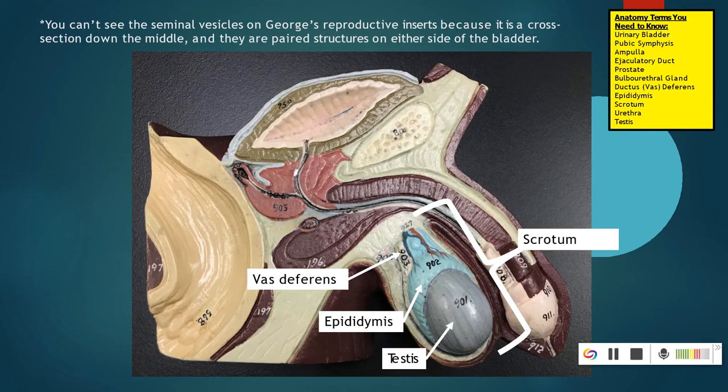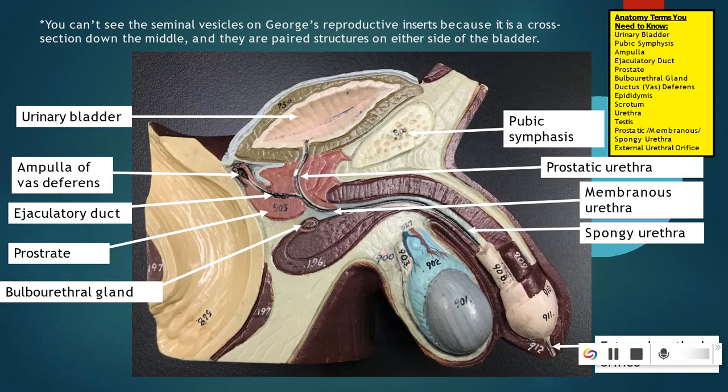Here you can see the scrotum once again, the testes, the epididymis surrounding the testes, and the vas deferens. You can see the urinary bladder, the ampulla, vas deferens, the ejaculatory duct, the prostate in the back, the bulbourethral gland, the pubic symphysis, the prostatic urethra, the membranous urethra, and the spongy urethra.